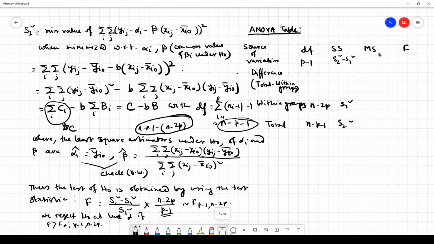The MSR is (S2 square minus S1 square) by p minus 1, then MSW is S1 square by n minus 2p, and F is MSR by MSW.